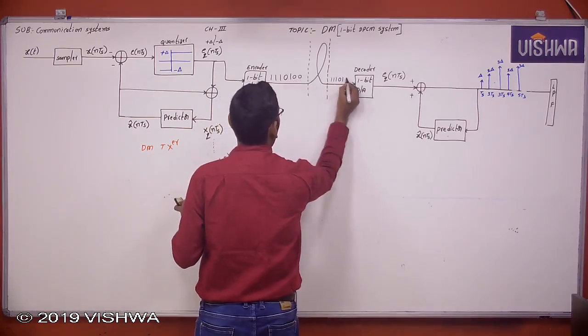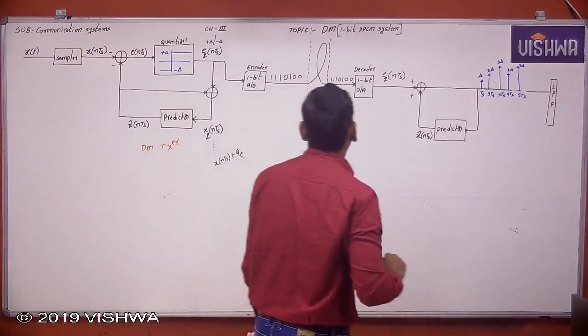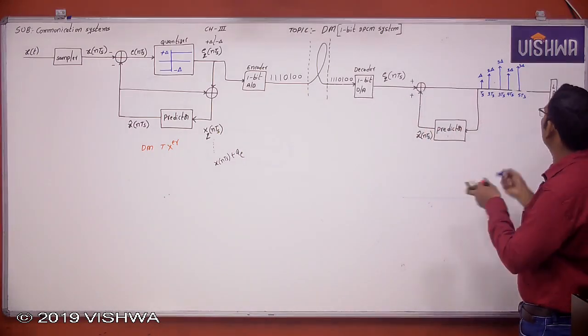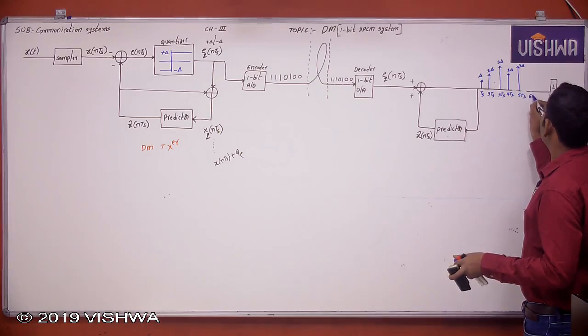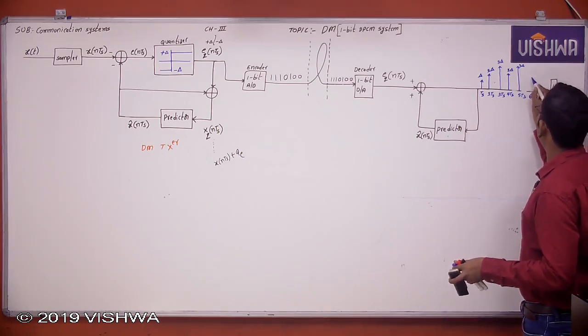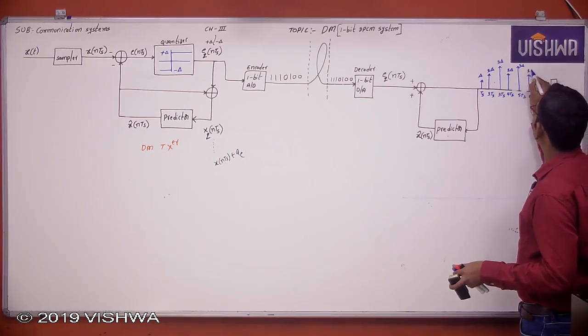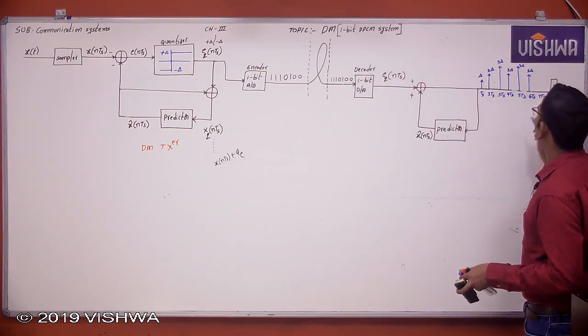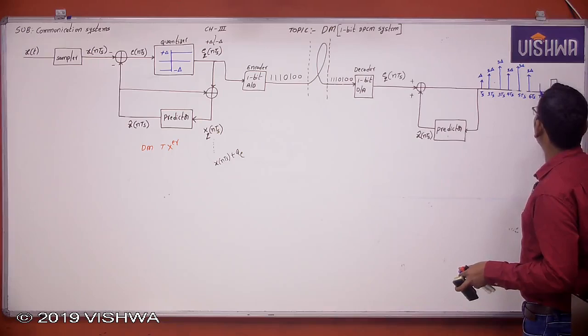Now 0 0 0 0, let us take. At 6Ts, 0 means decremented by delta. At 7Ts, again 0, which is nothing but decremented by delta.